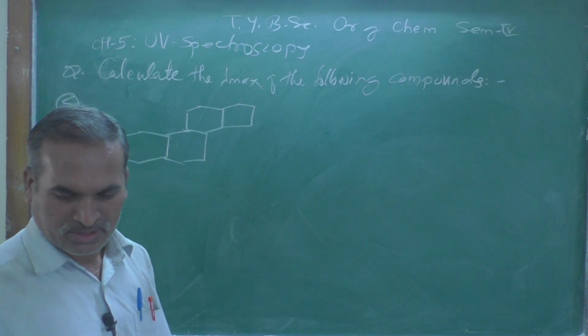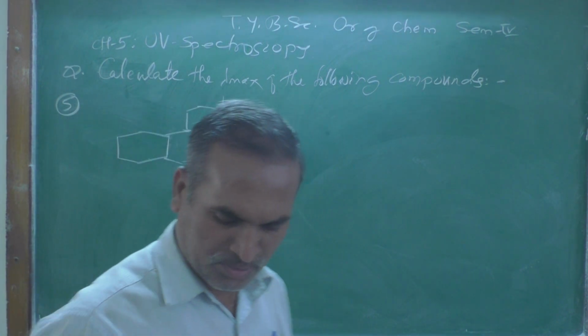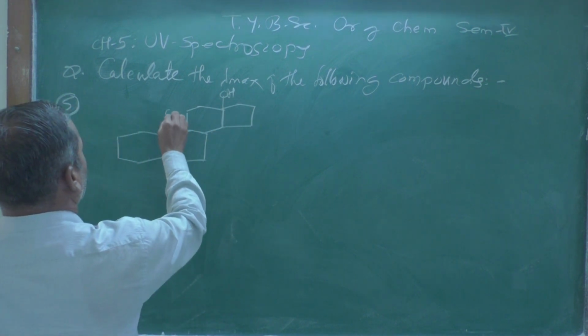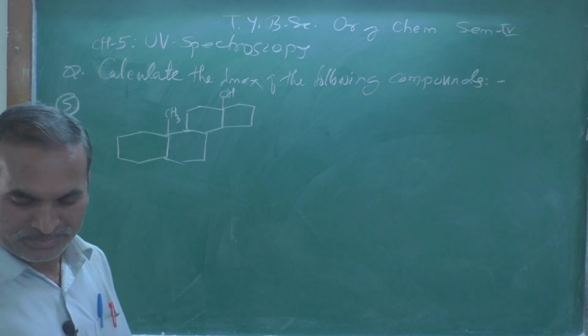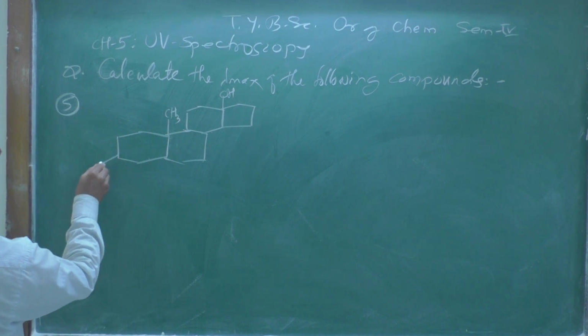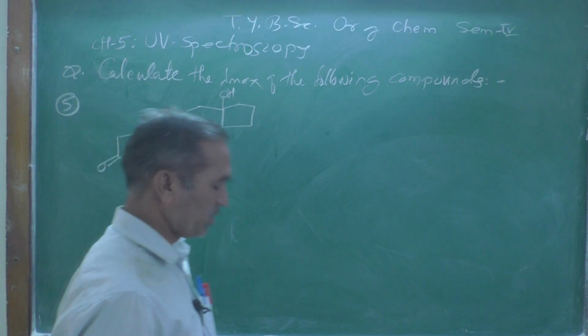Here I am putting one of the substituents, which is OH. Here is a methyl group. Now here is the double bond over here.